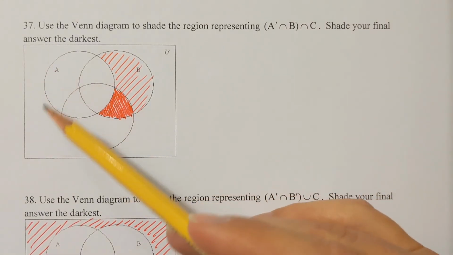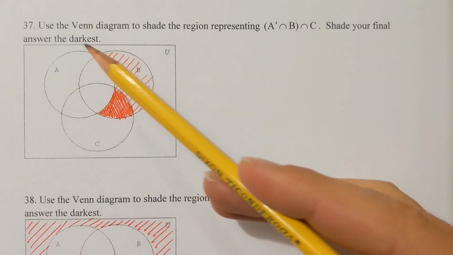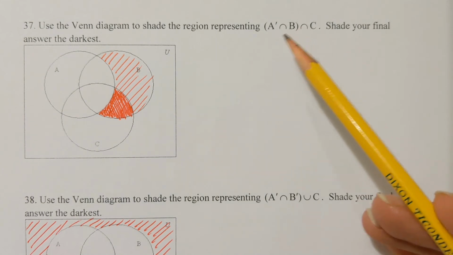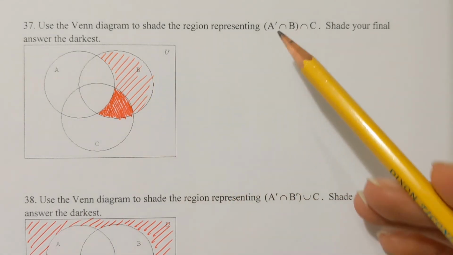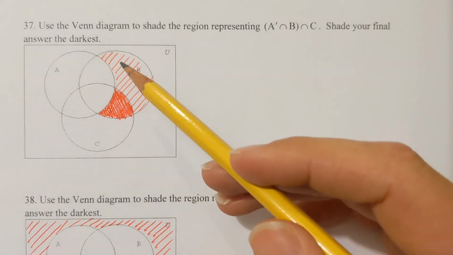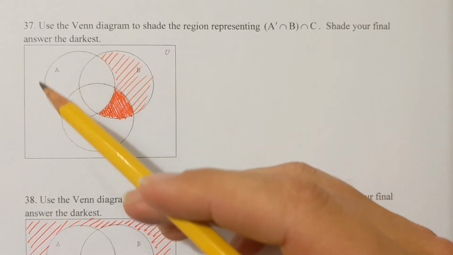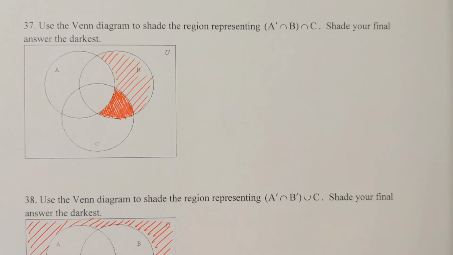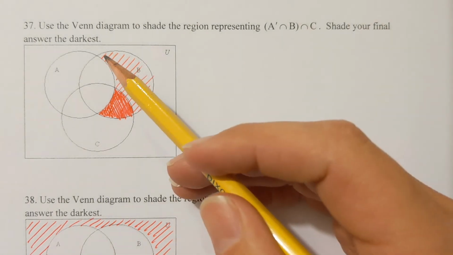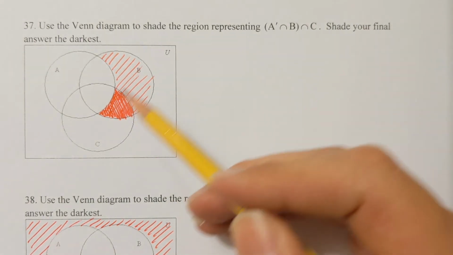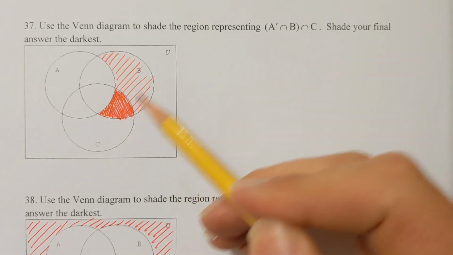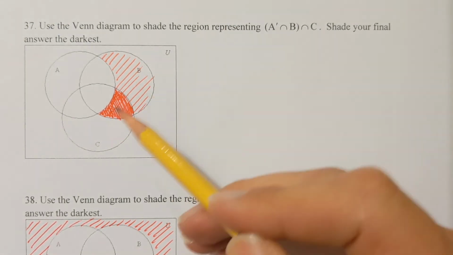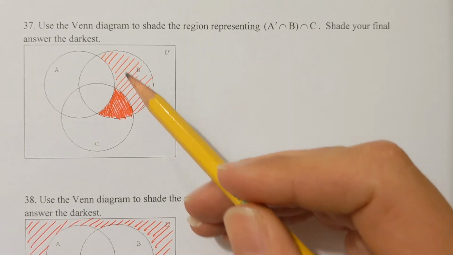A complement means I would have shaded everywhere outside of A. The intersect B means where would you have shaded twice? If I shade everywhere outside of A and also B, where would I have shaded twice? It's everywhere in B, but not the part where B overlaps A.